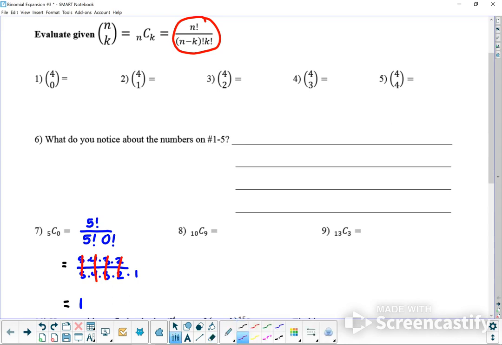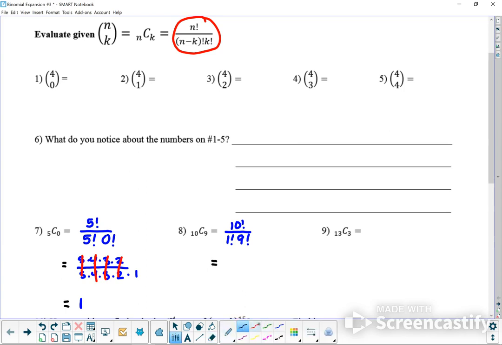Okay, number 8. 10 factorial on top over 10 minus 9 is 1 factorial, and then 9 factorial. And again, that 1 factorial just makes 1, so I'm going to go ahead and not utilize it at all. But then I do need to utilize the rest.